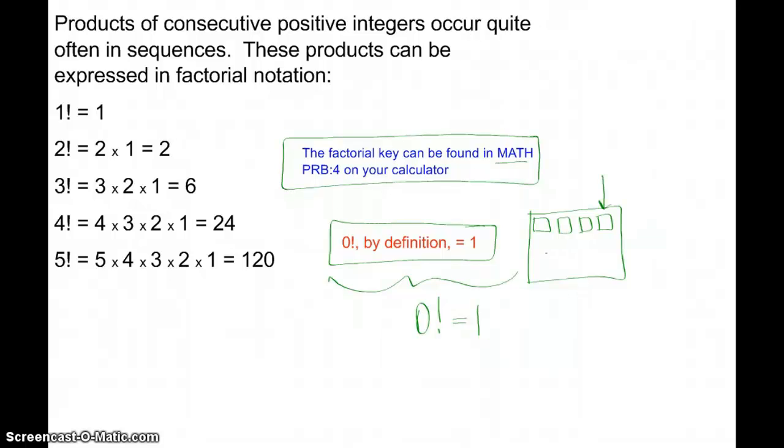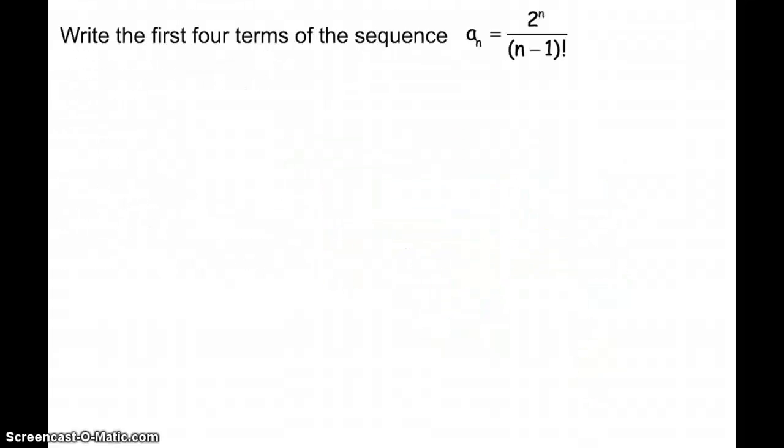So hit your right arrow until you highlight probability, and then hit enter, and there'll be a list of things under probability, and under number 4 it just shows an exclamation point, and that means factorial. So your calculator is going to be helpful if you need to find a value that involves a factorial that's higher than the ones that we know. So just kind of put that in your notes so you can refer back to it.